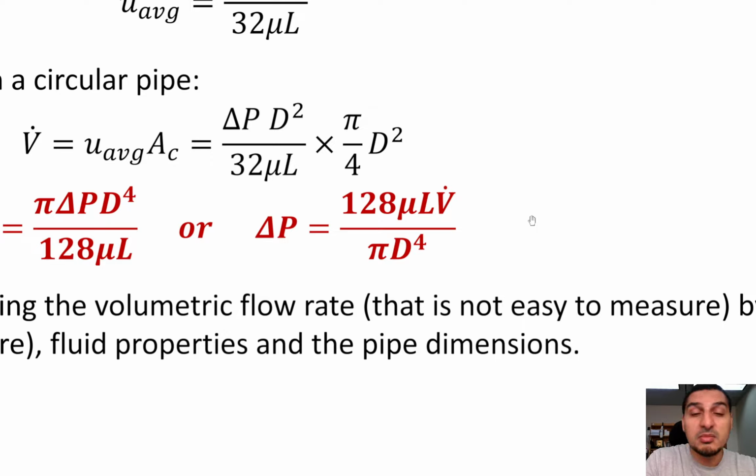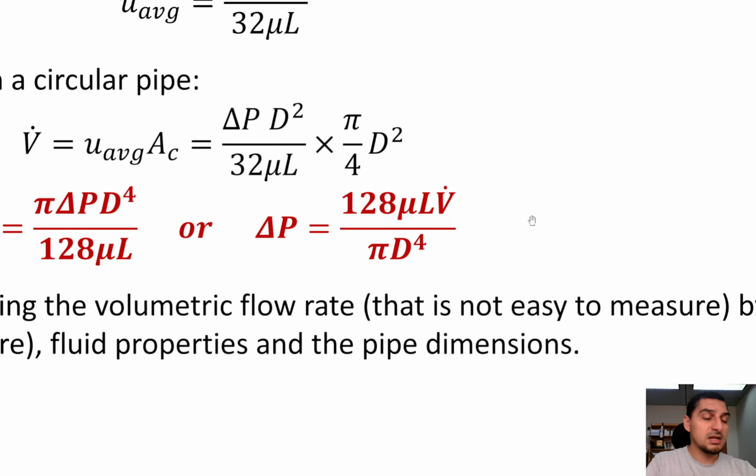I mean, for the pipe cost, the pipes that you'll buy that have smaller diameter are going to be cheaper. But on the other hand, smaller diameters will lead to a larger pressure drop, which means that you need to buy a larger pump that will overcome this pressure drop.